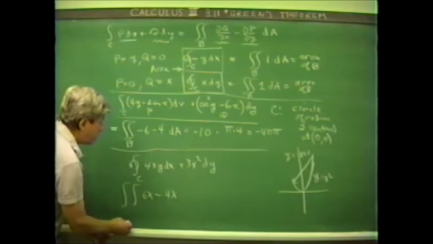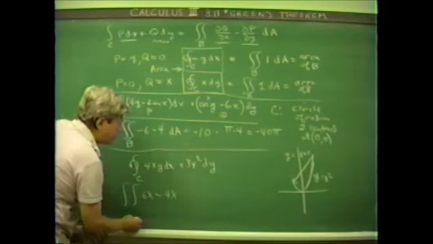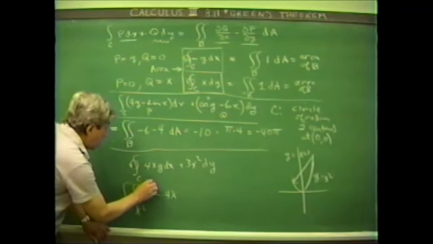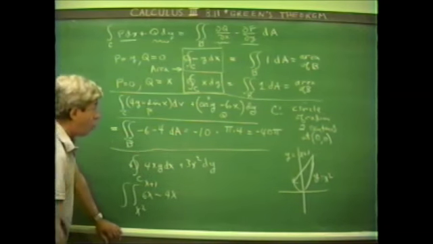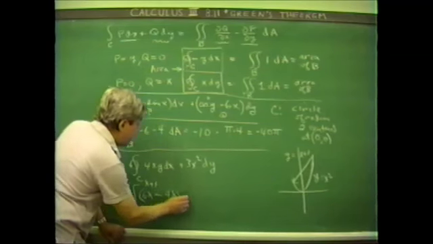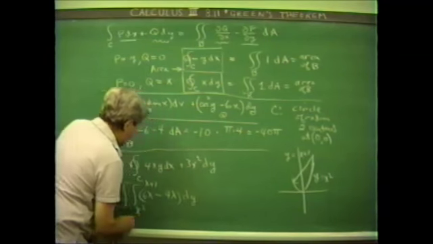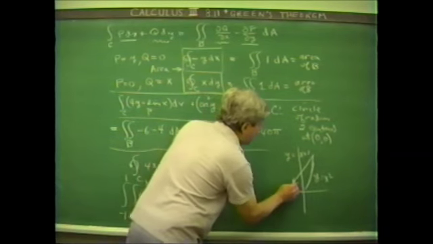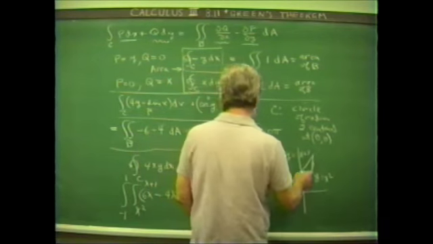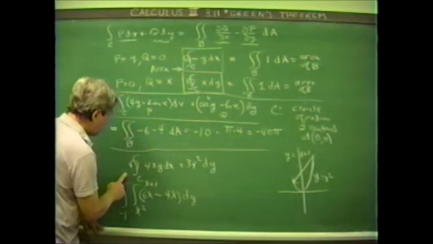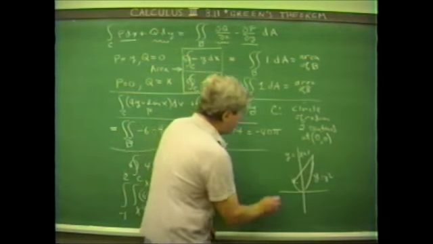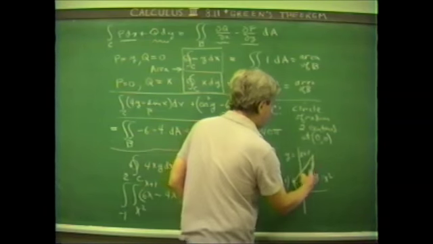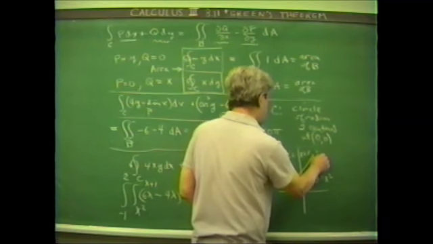Well, that's the integral from x squared to x plus 1 of this quantity with respect to y, and then the integral from minus 1 to 2. Right? This point right here is the point minus 1, 1, and this point right here is 2.